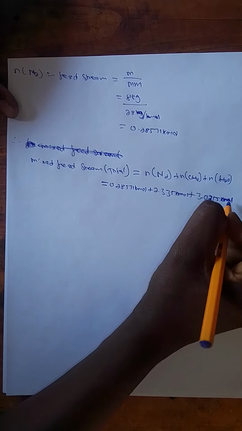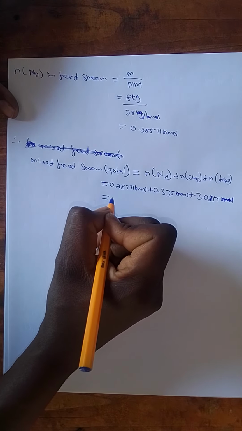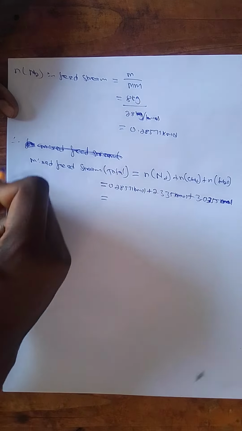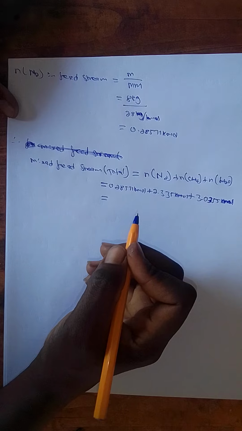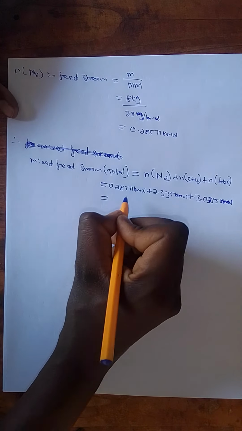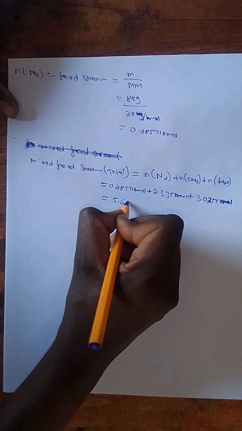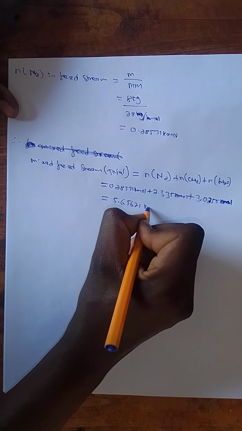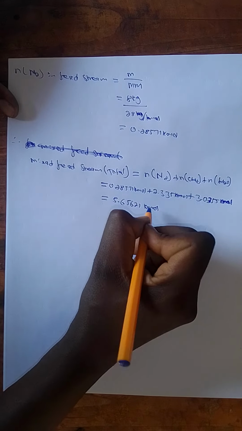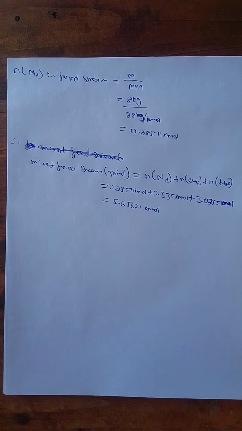I hope it's visible. And then if you use your calculator, you'll find that the total of this mixed feed stream in kilomole is actually 5.65621 kilomole. So this becomes the total kilomole of the feed stream.